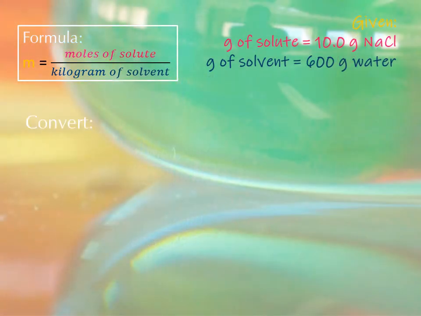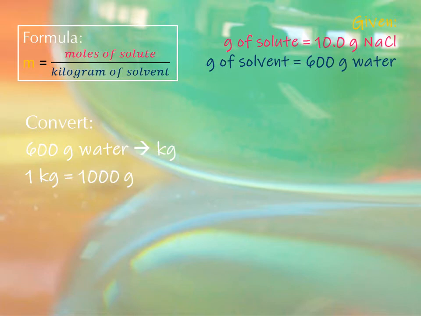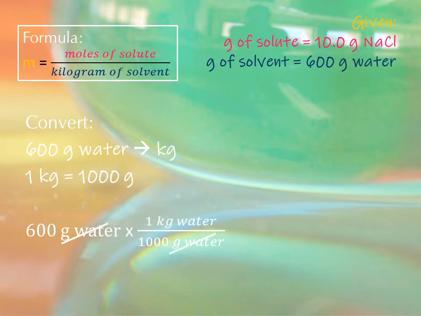To convert the 600 grams of water to kilograms, our conversion factor is 1 kilogram equals 1,000 grams. 600 grams of water multiplied by 1 kilogram of water over 1,000 grams of water. Canceling the grams of water, we now have the kilograms of solvent.